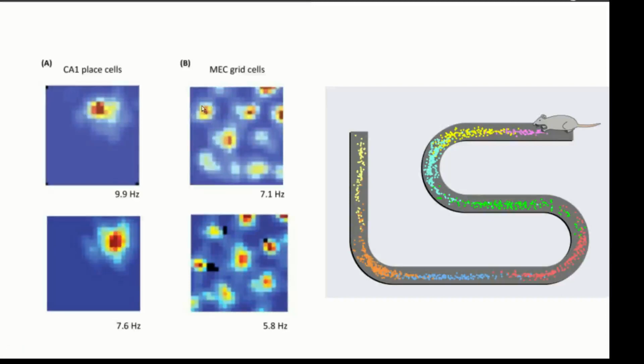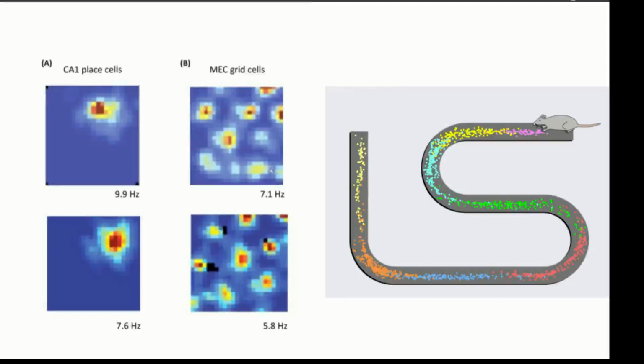You could have a cell that fires every time the agent covers 3 meters, and that cell fires in different directions. They space out evenly over the whole space. So it gives the agent an idea of how much space it covered.